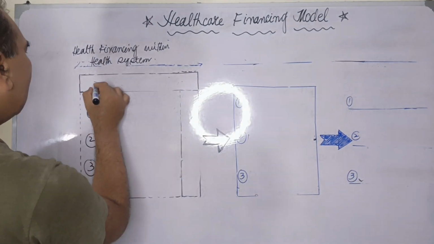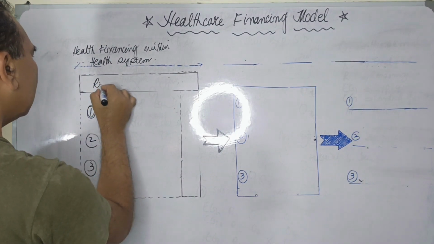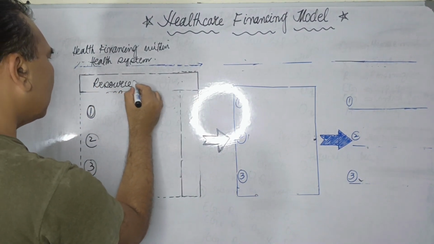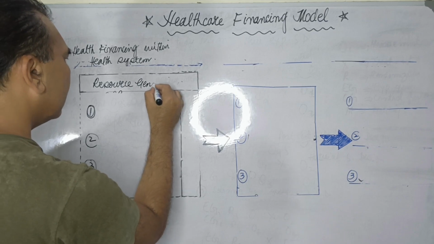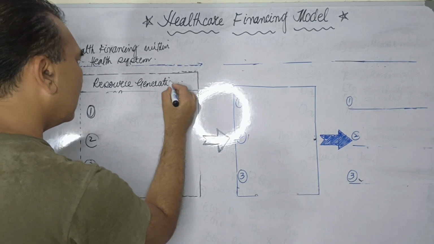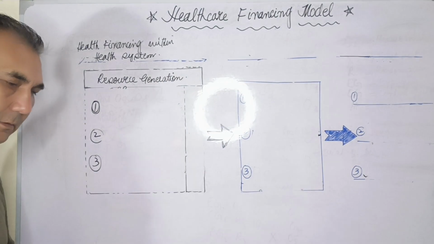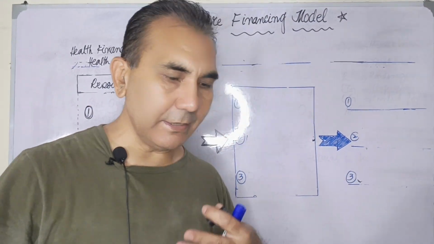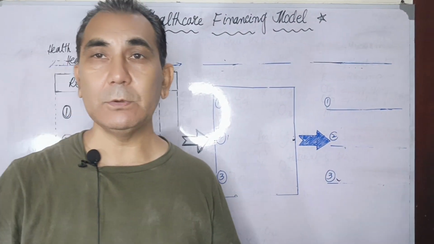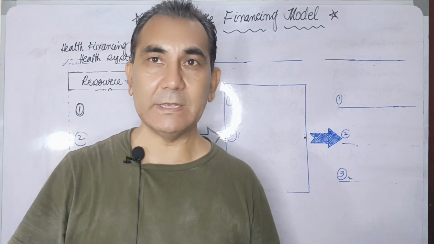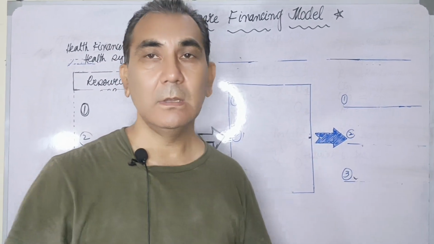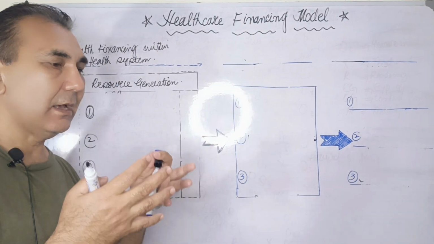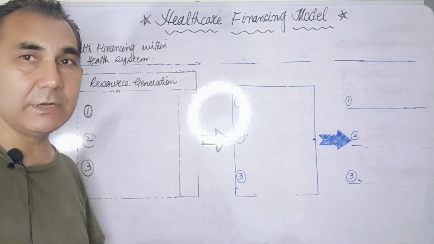The first one is resource generation. Definitely, whenever any community or people will be financed within the healthcare system, you should first generate the revenue.